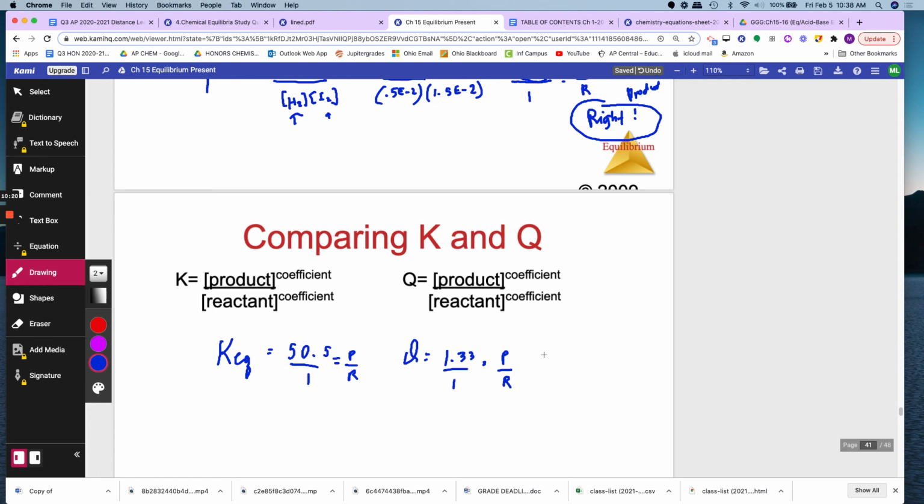This tells you you don't have enough products, so go to the right.